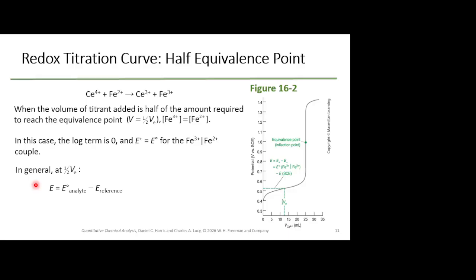Let's look at it. Okay, so when your volume equals 1/2 Ve, remember your species for the Fe3+ and the Fe2+ are going to be equal. Okay, what's your species of the Ce4+?